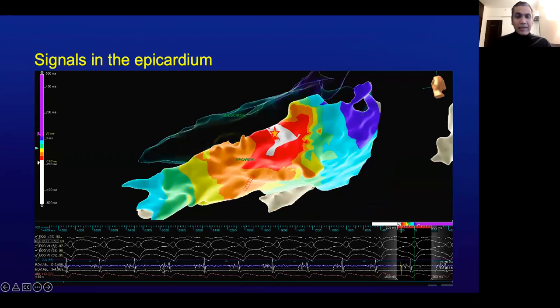Similar fragmented signals were noted in the epicardium also, overlying the endocardial clustering, and these were further earlier within the diastolic corridor than was achieved in the endocardial sites.